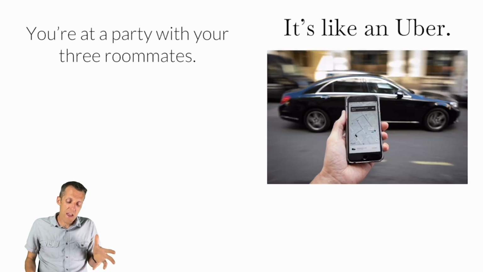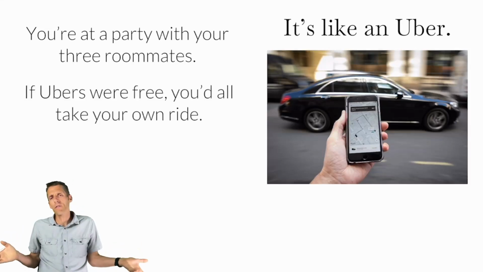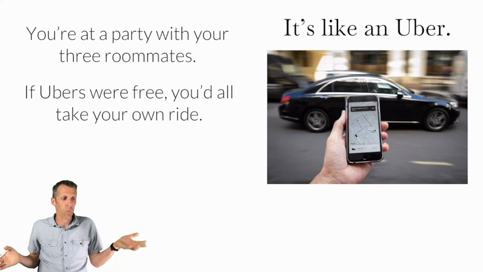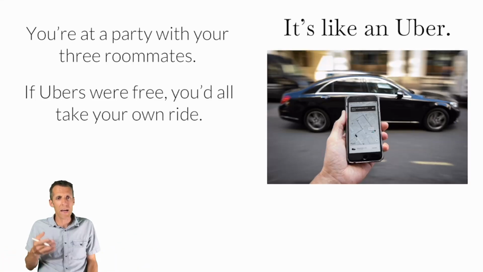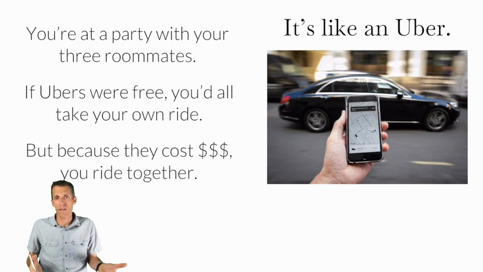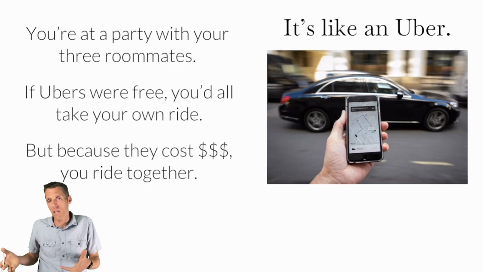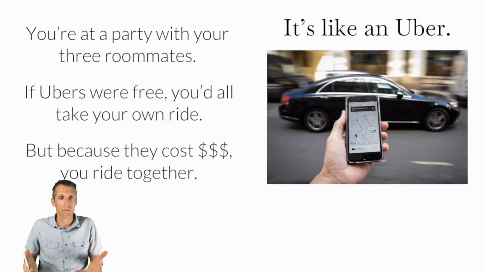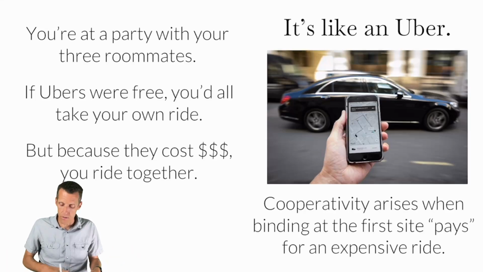And if Ubers were free, you'd all take your own ride, right? Because then one of you could choose to listen to smooth jazz, and one of you could choose to listen to country. You all have all the options you want. But it turns out that Ubers are expensive, right? And so instead of all of you taking individual Ubers, you all ride together. You take a single Uber because that's way more cost effective than each of you taking your own.